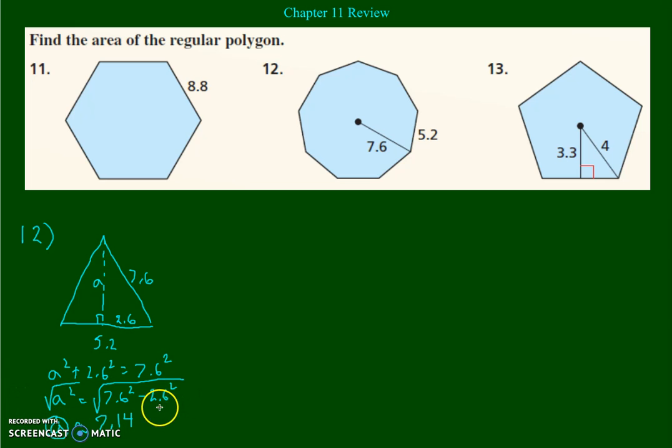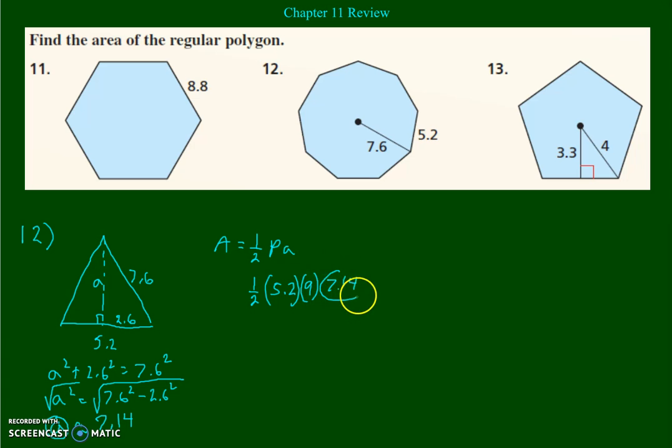Just a little precaution. Alright, now that we have our apothem, we can start with our formula. The area of a regular polygon is 1/2 pa. Perimeter is going to be 5.2 times 9. So that's 1/2 times 5.2 times 9, which gives me my perimeter, and my apothem is 7.14.